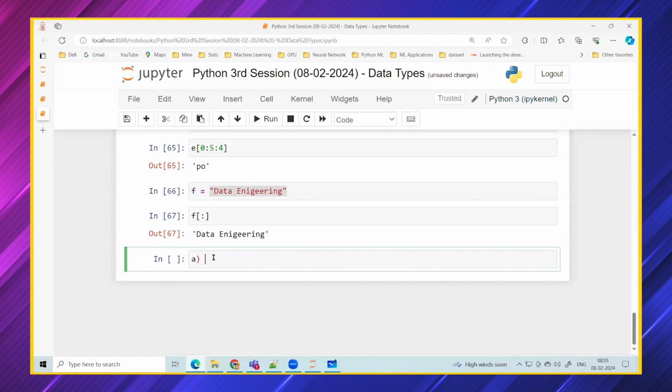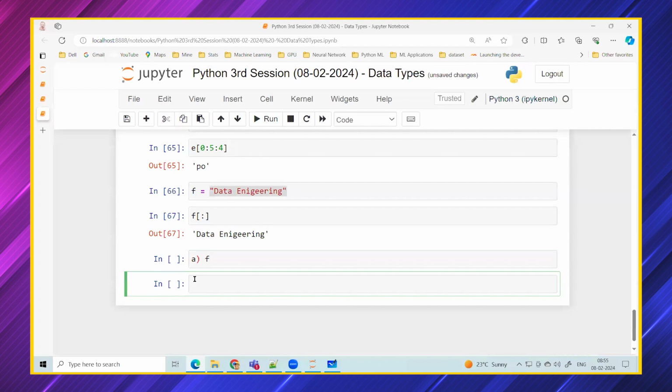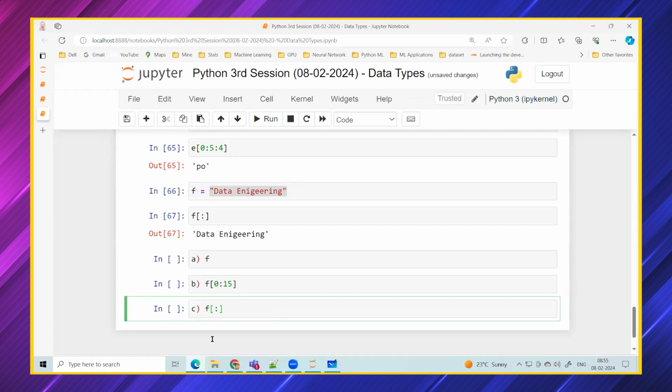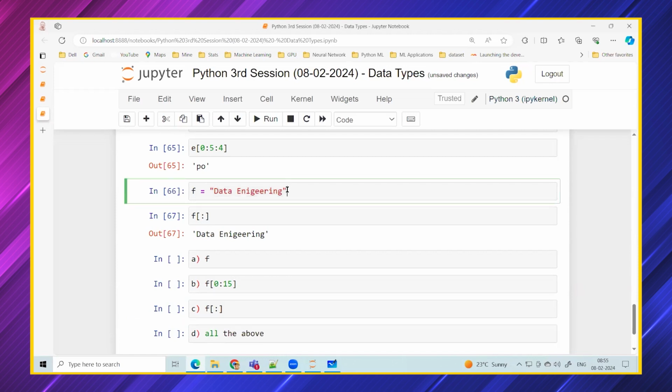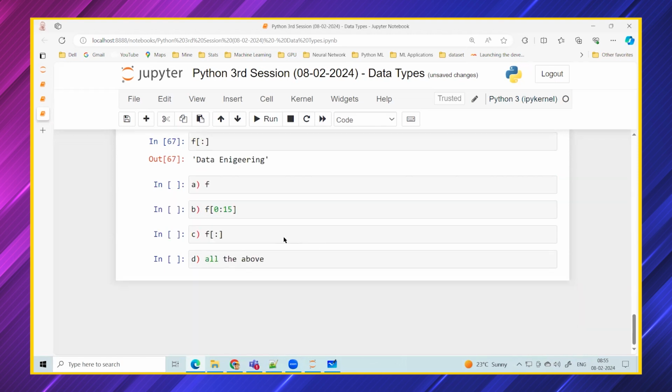Option A, F. Option B, F of 0 to 15. Option C, option 4. This is one question which I was able to see. I need data engineering. This is the input, this is the output. They're giving me 4 options. What is the right answer?